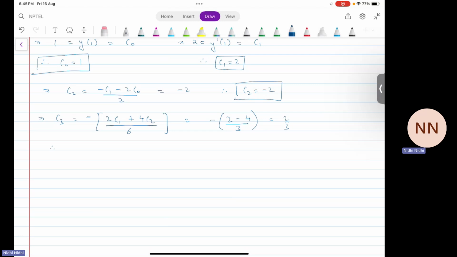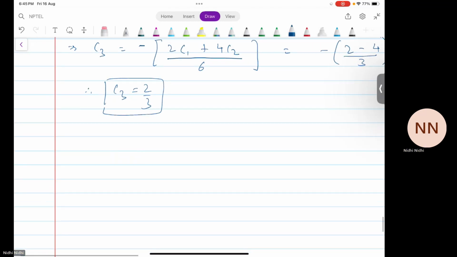Therefore, C3 is equal to 2 by 3. Similarly, you can find the rest of the terms.